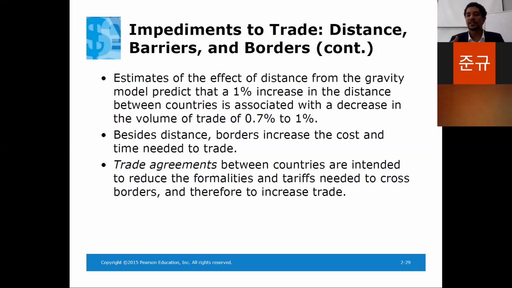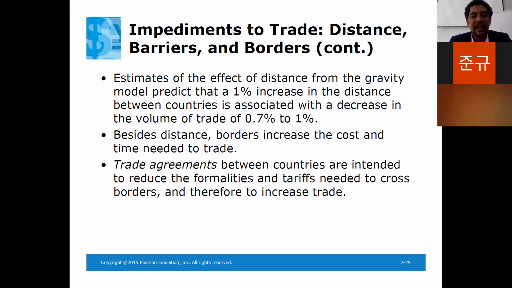When there is a 50% increase in distance between two countries, there will be approximately a 50% decrease in international trade volume between these two countries. Okay, so as countries are located very far away from each other, their international trade also becomes less and less.